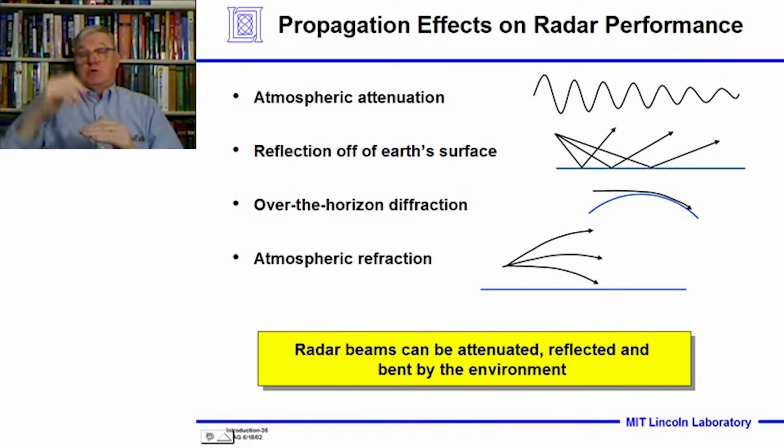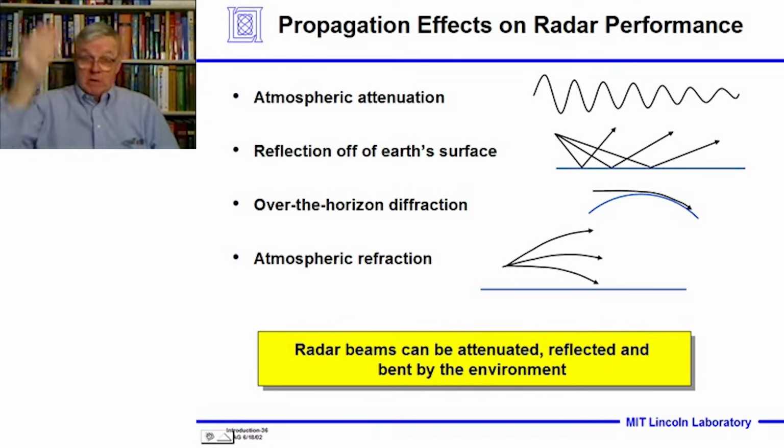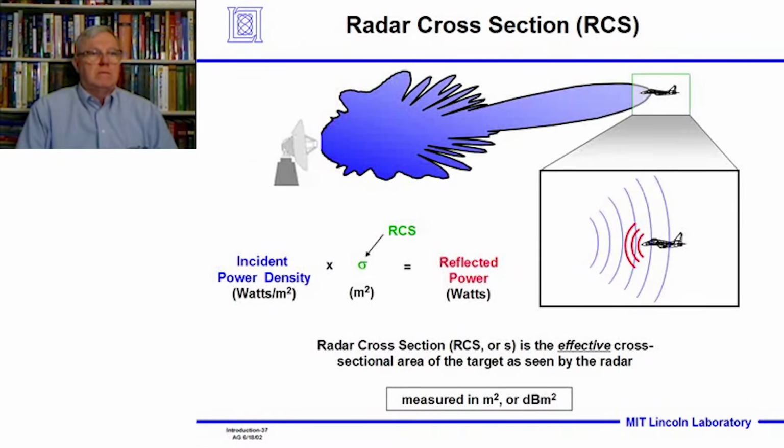Those changes, because you all know, down low there's more atmosphere than on Mount Everest, that change in atmosphere, that change in what is the index of refraction, which is the ratio of the speed of light in a vacuum to the speed of light in that atmosphere, that change in the index of refraction, which is a measure of the density, causes the beam to bend. And we're going to look at that and how that happens and how it affects the radar.